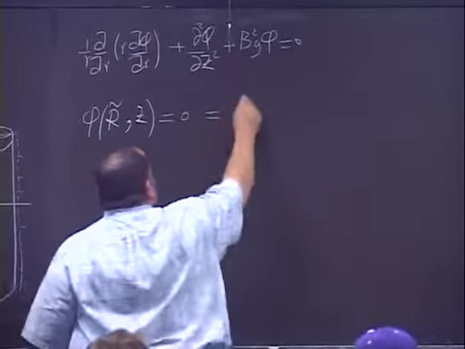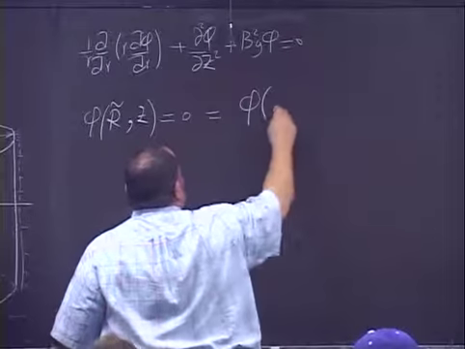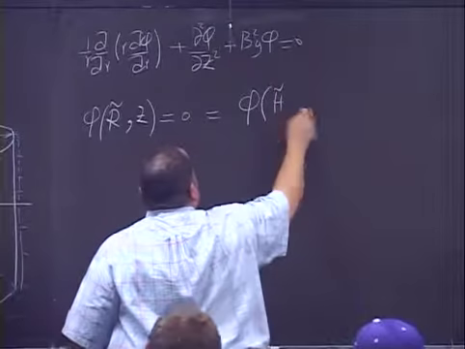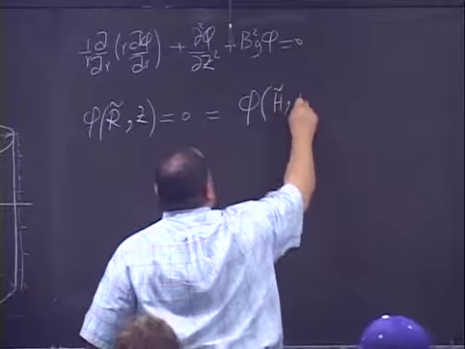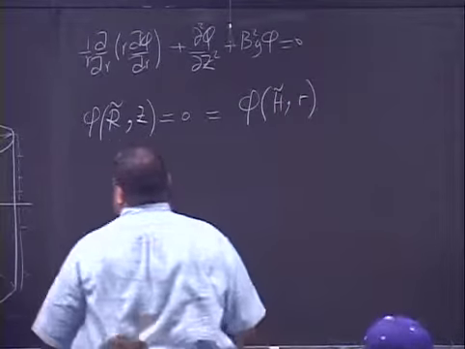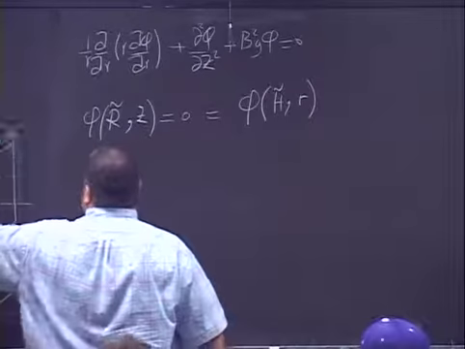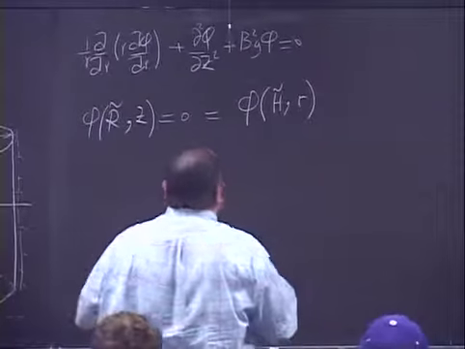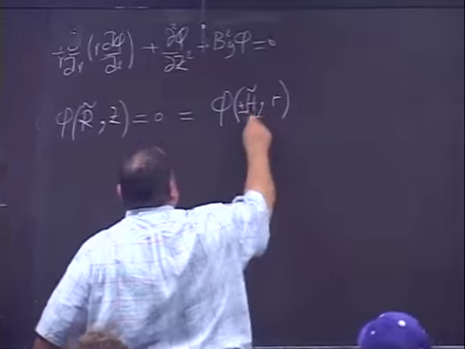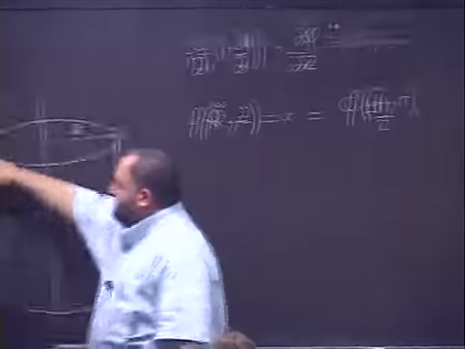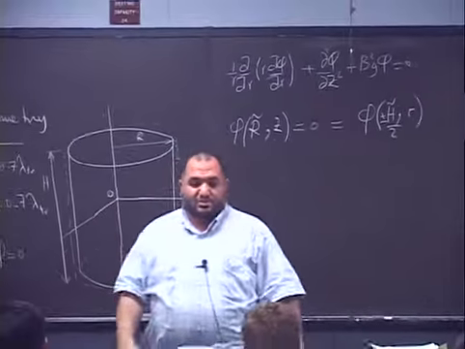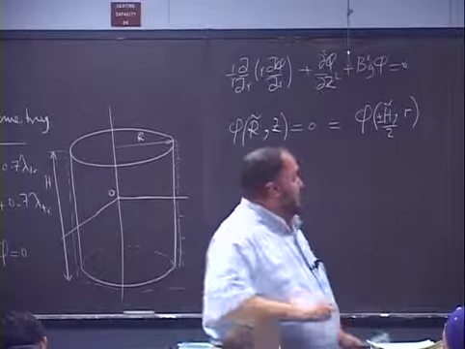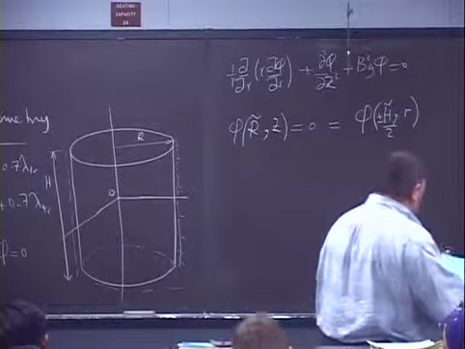And similarly, the flux at the extrapolated height H at any r is also equal to 0. We'll call it plus or minus H over 2, because H is the total height and the center is here. So we will make it H over 2, plus or minus H over 2.